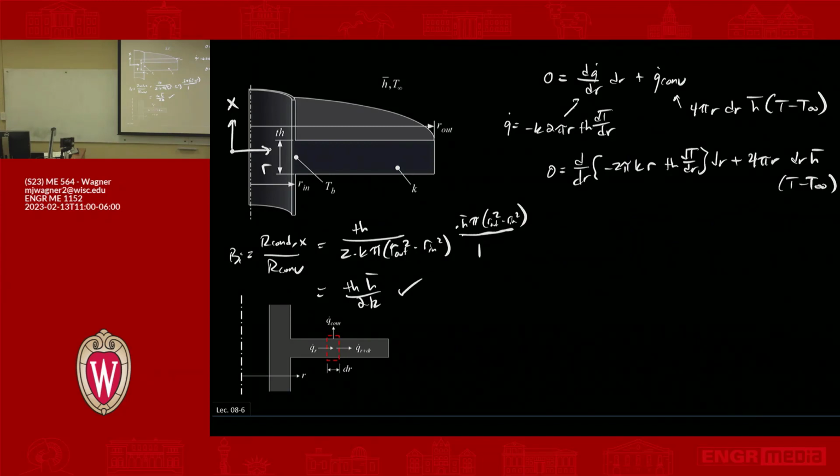Okay. A few things can cancel out, the constants. 2 pi can cancel out. One of the drs can cancel out.